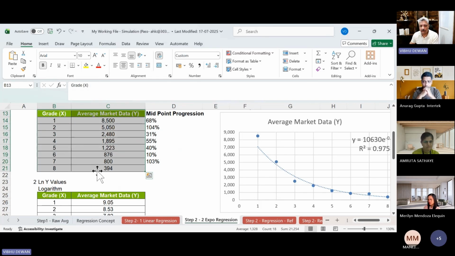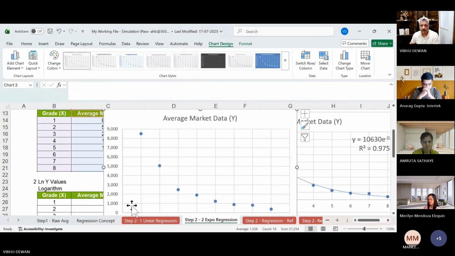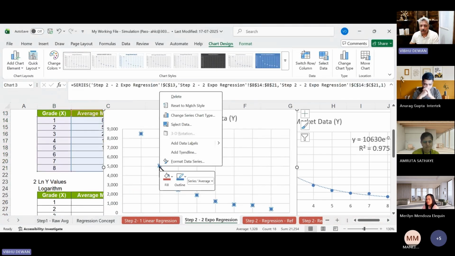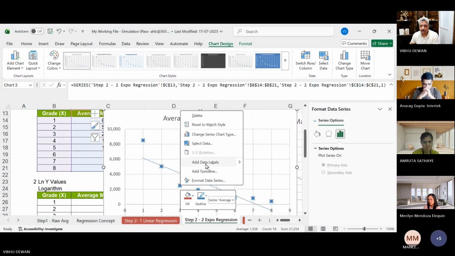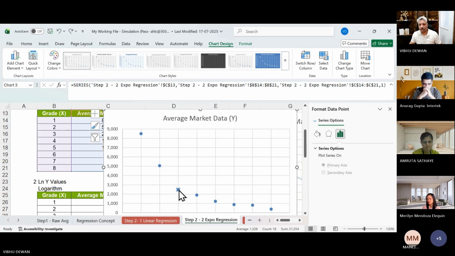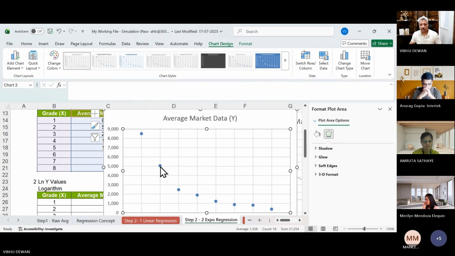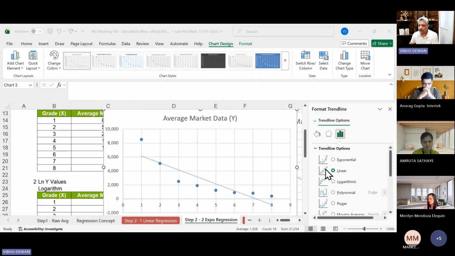You select that and insert the graph. Insert scatter graph. Now add trend line, and which one?